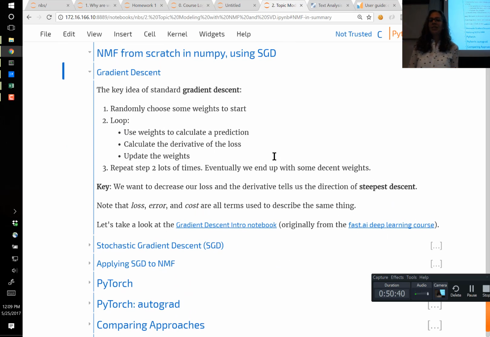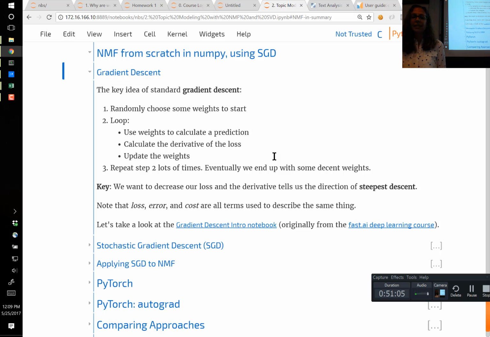First I'm going to remind you of the basic idea of standard gradient descent, which is you choose some weights to start, and then you have a loop that uses your weights to calculate a prediction, calculates the derivative of the loss, which is also known as the error function or the cost, what you're trying to minimize.